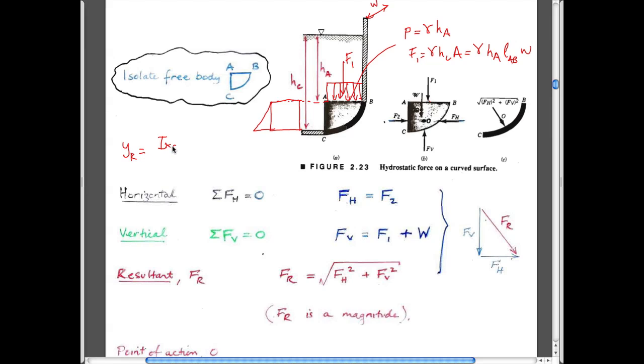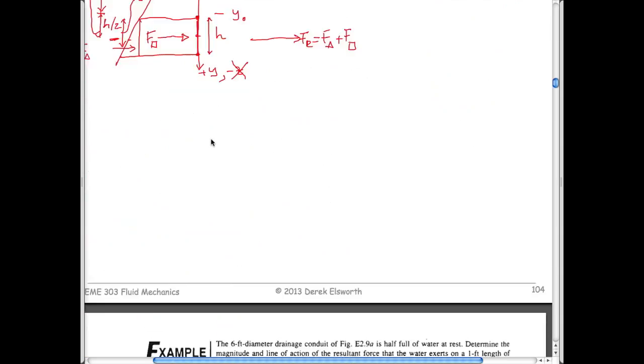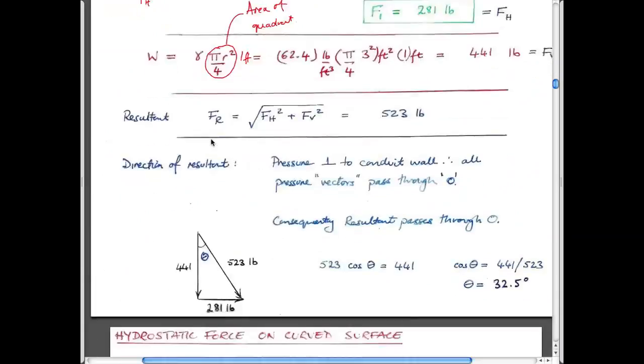The second moment of area about the centroid plus the area times the depth of the centroid, divided by AYC. I guess this is squared, right? I think. Should remind myself just so I'm not... Yeah, so it is. Just rearranging that expression.